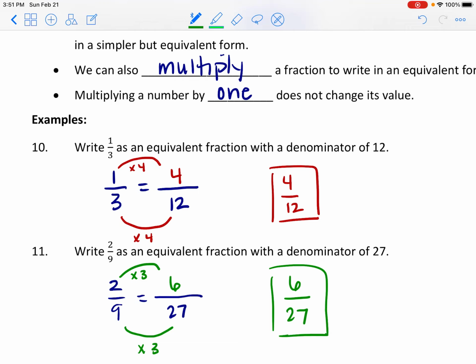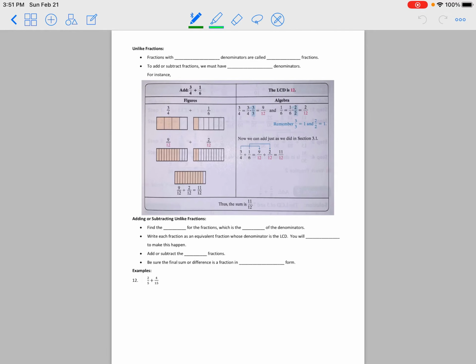It's not so bad, right? So just like dividing, but in reverse. Instead of taking the unreduced form and dividing to get it to the simplified form, we take a simplified form and multiply to make an equivalent fraction that isn't in its simplest form. But that's going to be a skill that we can use for unlike fractions.